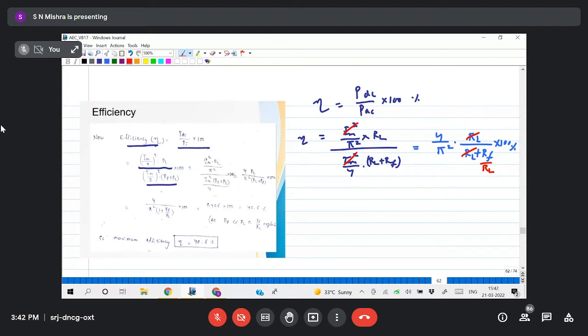Generally, the internal resistance of the diode is much smaller than RL. RL is in kilo ohm and RF is only maybe some ohm or 10 ohm, in the range of ohm only.